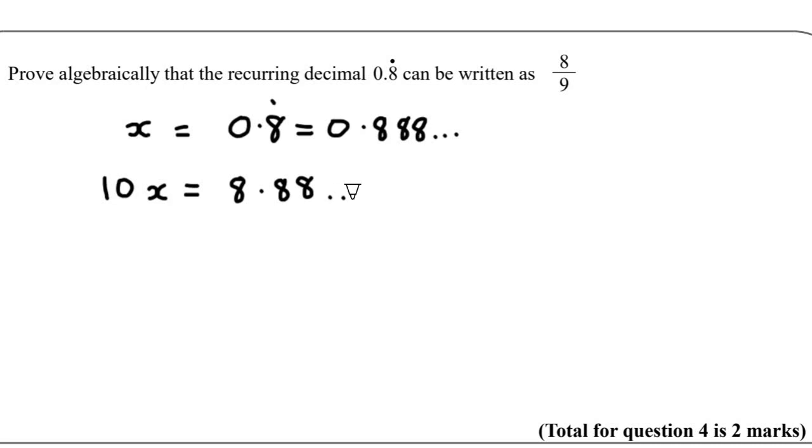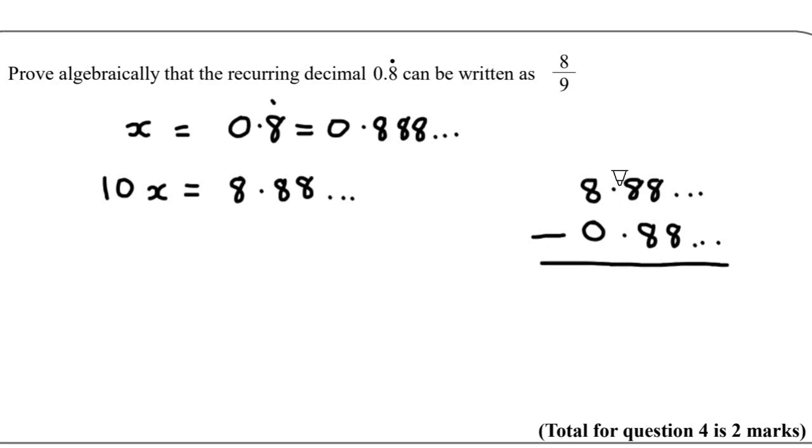8.888 onwards. So now we have 10x, 8.888 continuing, and we also have x, which is 0.888. Now what will happen when I subtract 0.888 from 8.888?